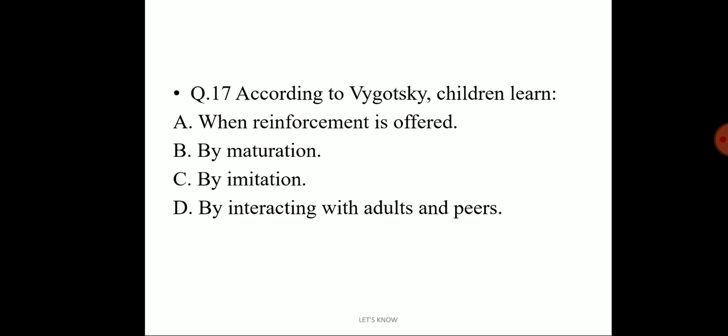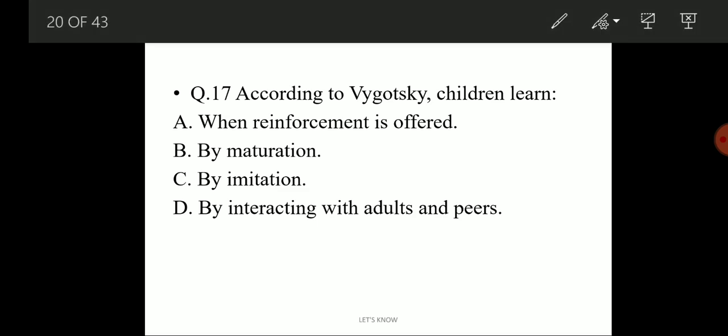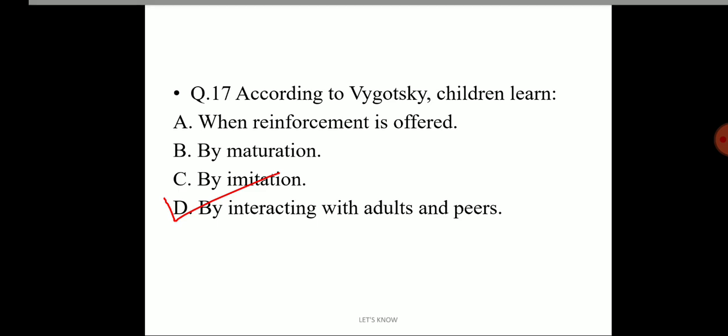Here he says we need some support from adults. We need to interact with a more knowledgeable person in his theory. So our correct option here will be by interacting with adults and peers, not by imitation. Imitation means copying. Here he has not said that children copy the adult. He says by interaction the development occurs with a more knowledgeable person, that is adults or peers who know about the things.